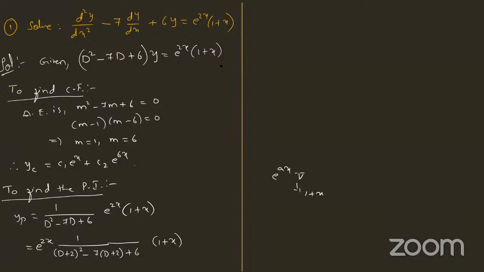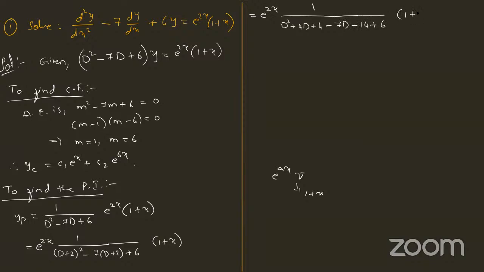Now, if you simplify this, see what happens. It is equal to e power 2x as it is, and then 1 divided by the expansion: (D plus 2) whole square means D square plus 4D plus 4, minus 7 times (D plus 2), that is minus 7D, then minus 7 times 2, it is minus 14, plus here is a 6.